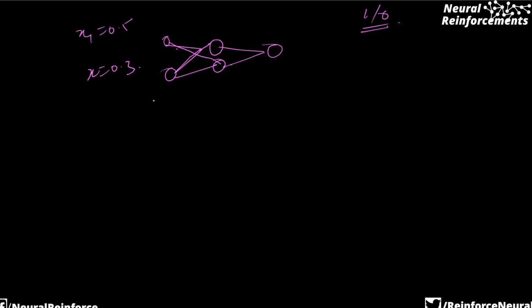Initially, when you initiate a network, we have to assign random weights, and these random weights are kept very small, maybe in the range of minus 0.05 to plus 0.05, because if you keep a very large weight, it becomes difficult to optimize them if they are not correct.